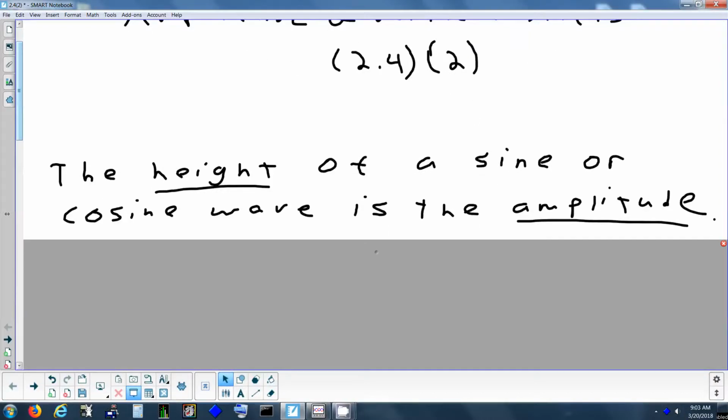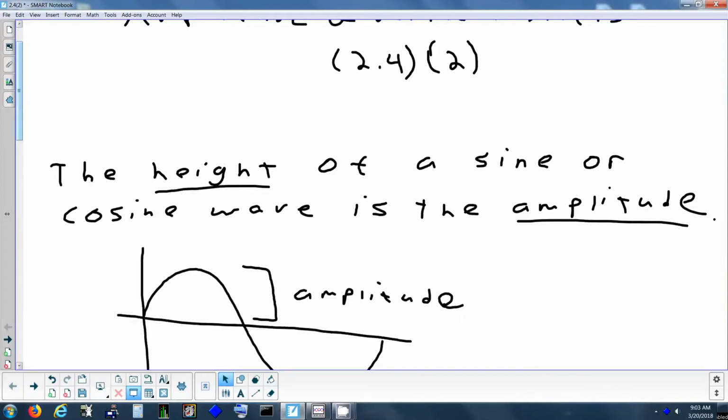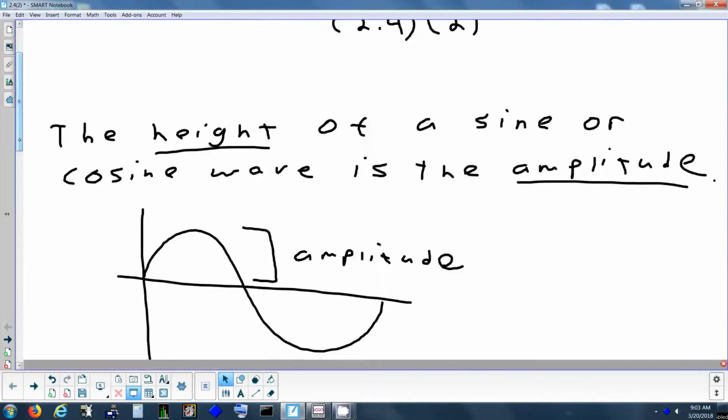There's a couple things I have to define before we can do the transformations. And that's what's called the height of a sine or cosine wave. Normally, we call it the amplitude. So if you draw out a sine or a cosine wave, the amplitude is measured from what I call the center line. You put a line right through the center of the wave, and you measure the distance from that line to the peak, which should be symmetric from that line to the low point.